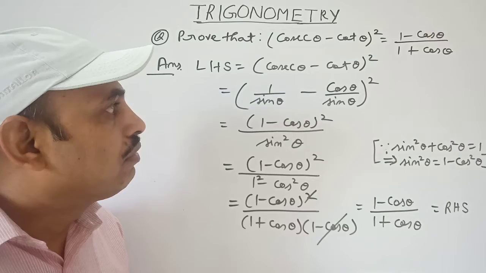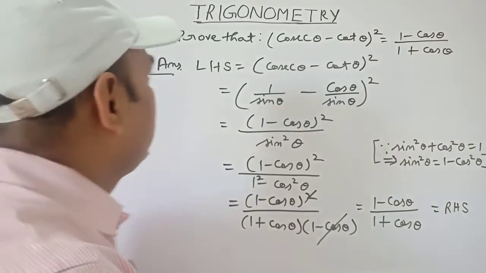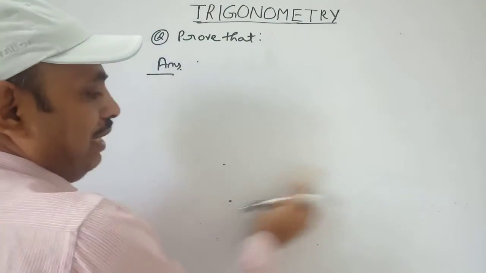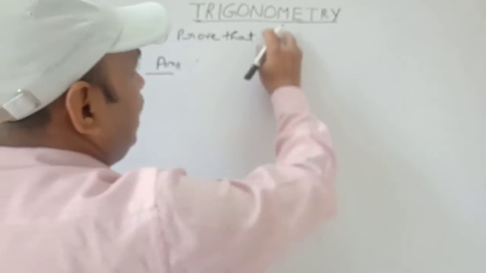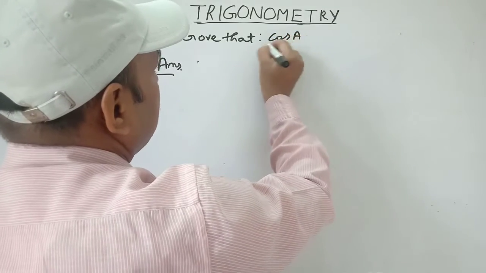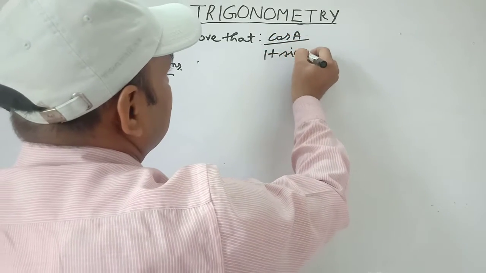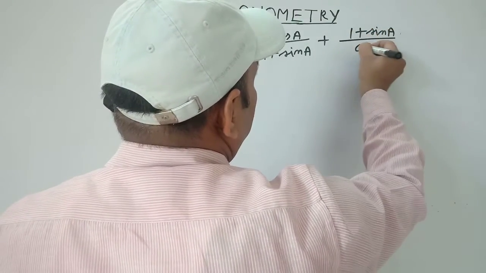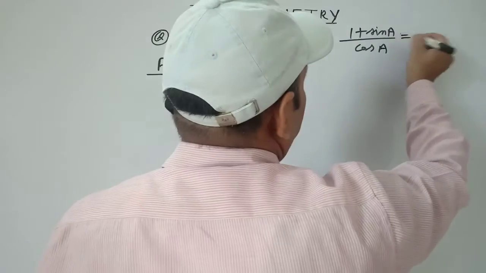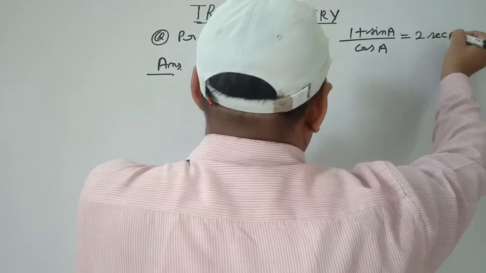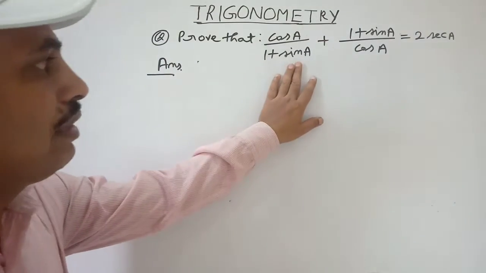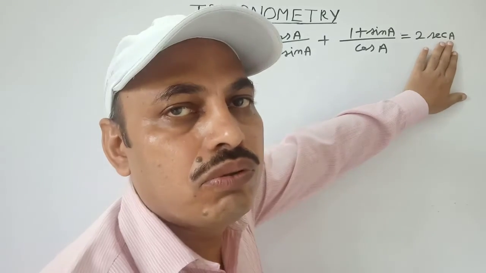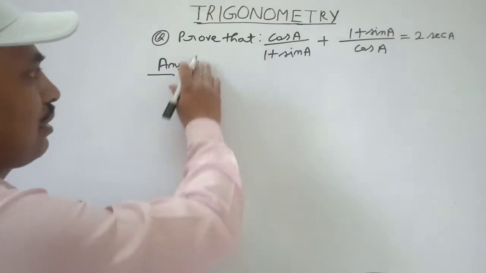Now we will do next question. Next question is prove that cos A upon (1 plus sin A) plus (1 plus sin A) upon cos A equal to 2 sec A. LHS.